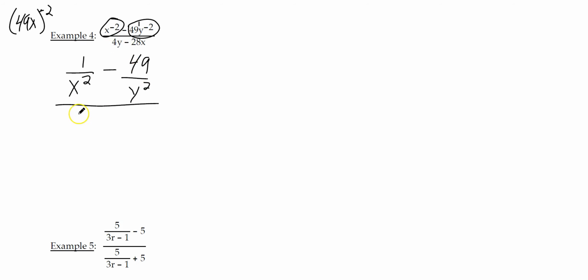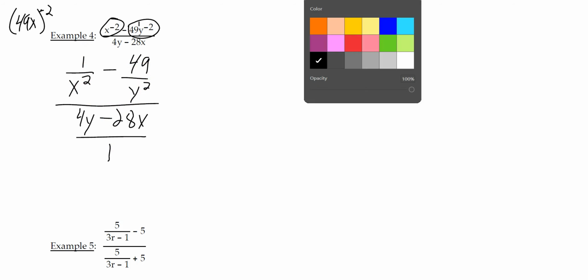Denominator, that's just 4y minus 28x. It doesn't have any negative exponents. So that denominator can all be written over 1. So for this one I'm going to do the different approach. I'm going to add these, well, subtract these fractions to make one fraction, and then do the invert and multiply.